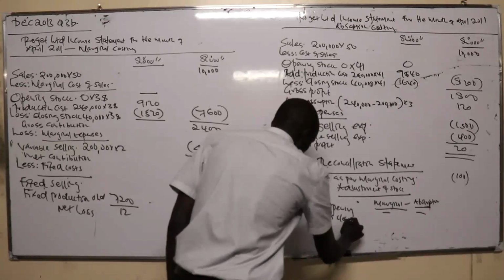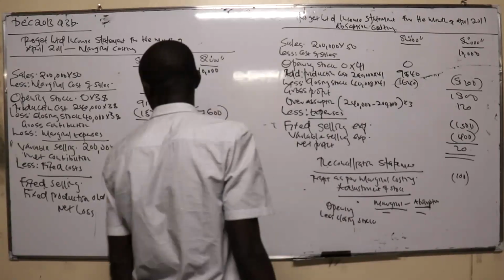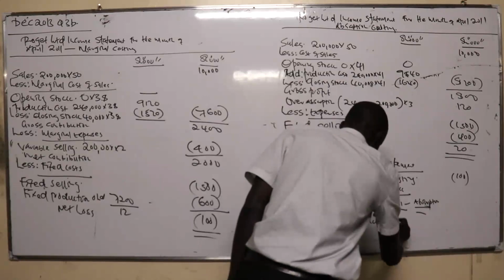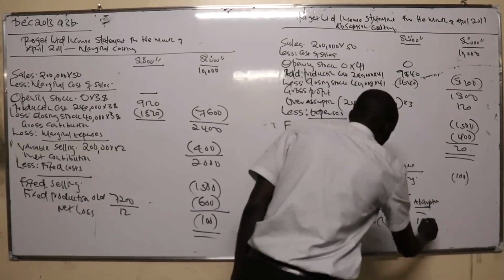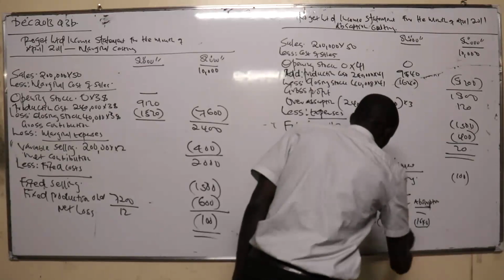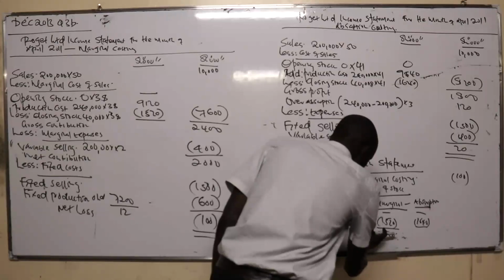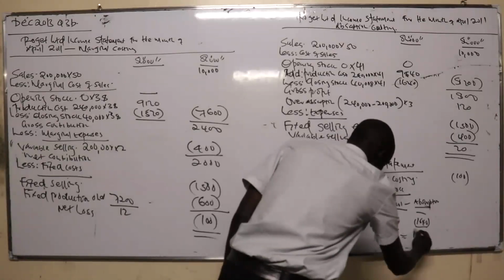You less closing stock. Under marginal, the closing stock was 1520. So you less here. Minus the closing stock under absorption, which is 1640. So this one is going to be negative 1520 minus negative 1640.